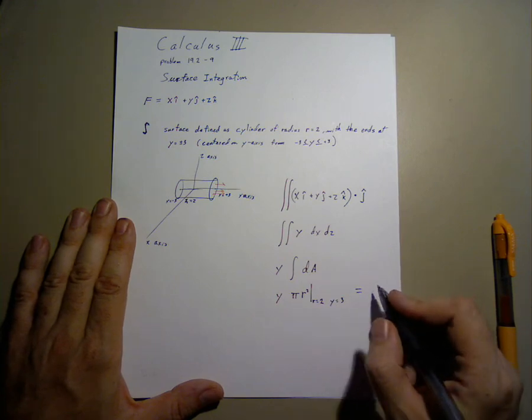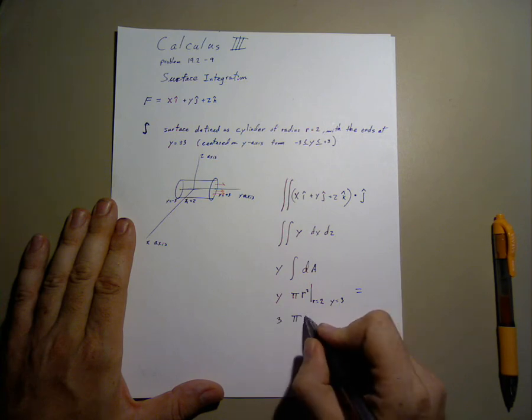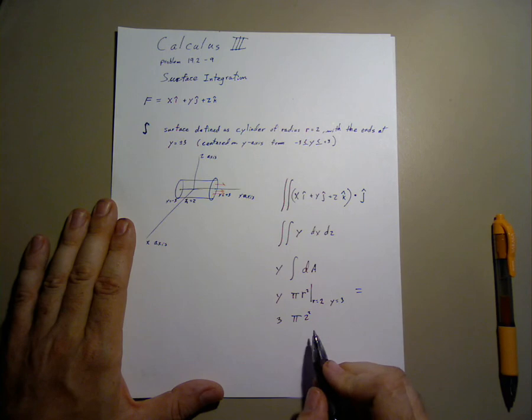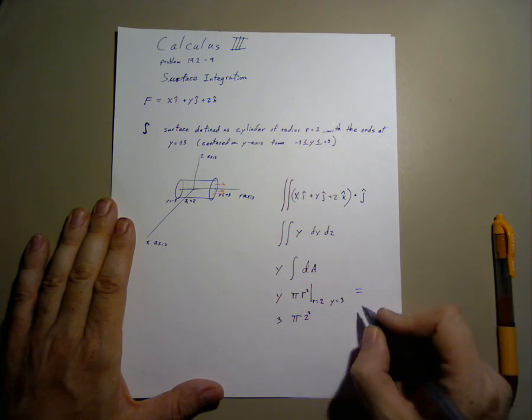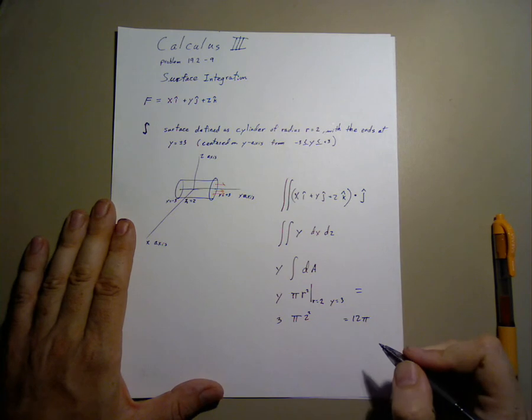We get a value of 3 pi 2 squared, which gives us 12 pi.